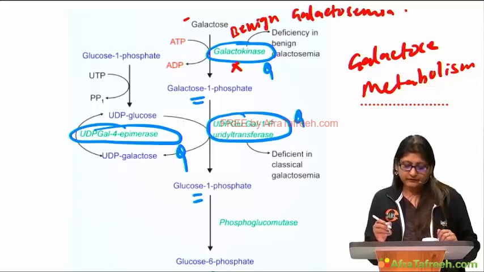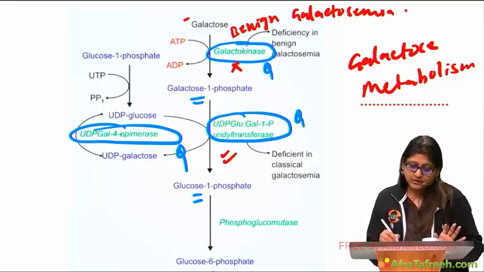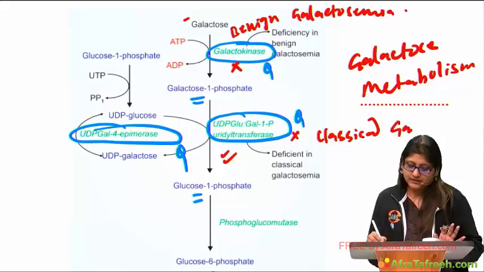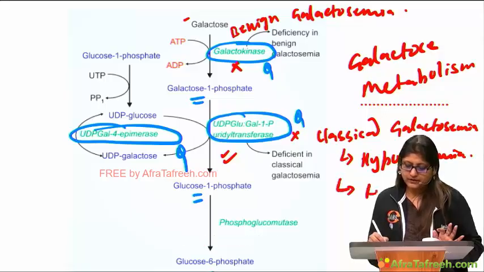And uridyl transferase enzyme deficiency results in classical galactosemia, which is very frequently asked, characterized by repeated hypoglycemia, liver enlargement (hepatomegaly), and of course the cataract.